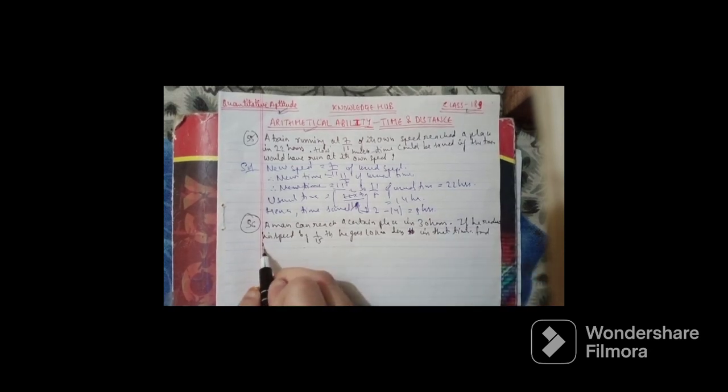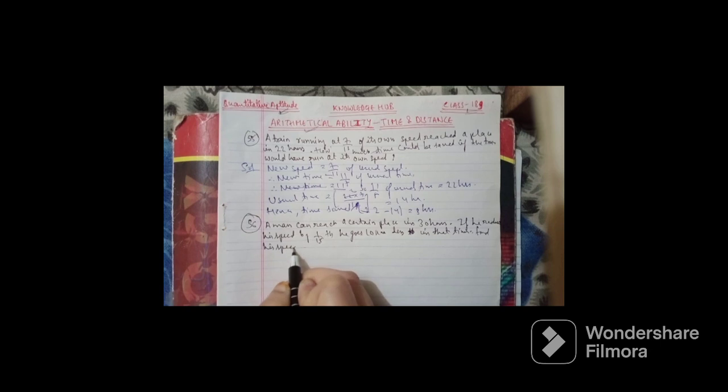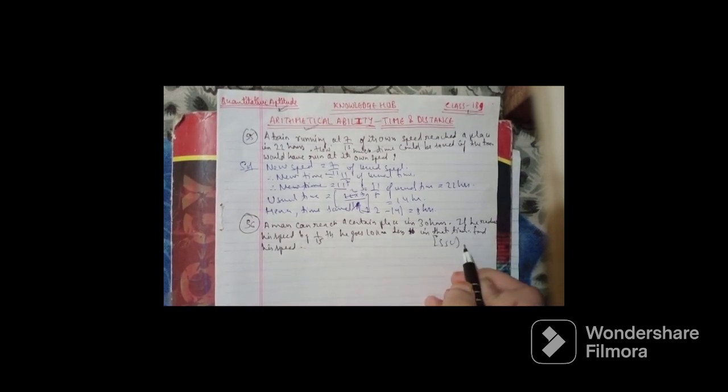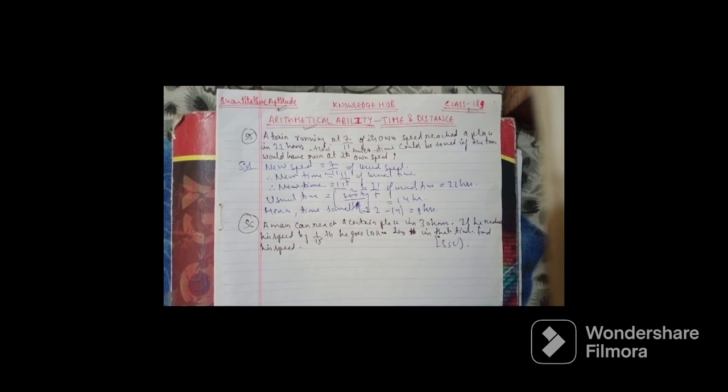Find his speed. This has been asked in an SSC examination paper. The options were 4 km per hour, 5 km per hour, 5/2 km per hour, and 6 km per hour. So we go for the same.